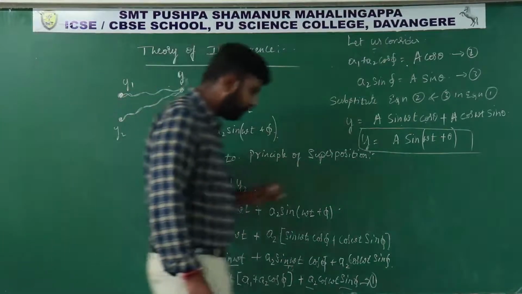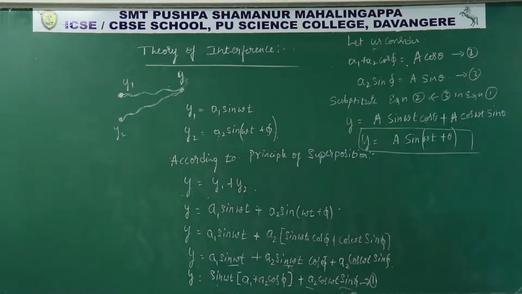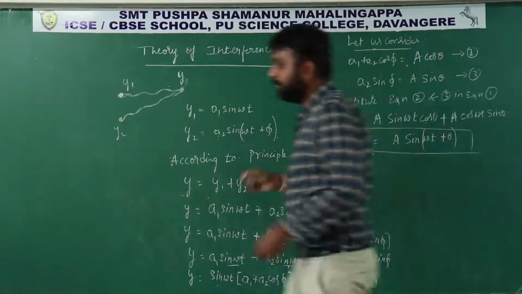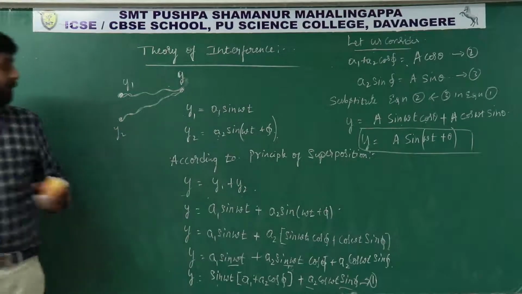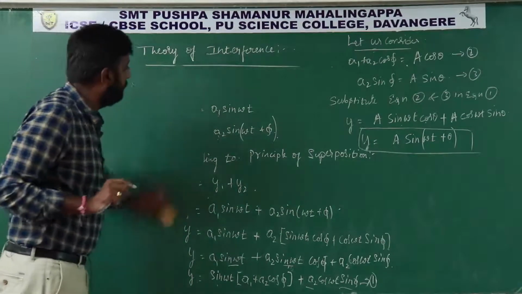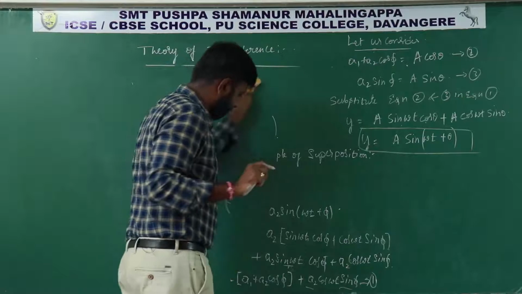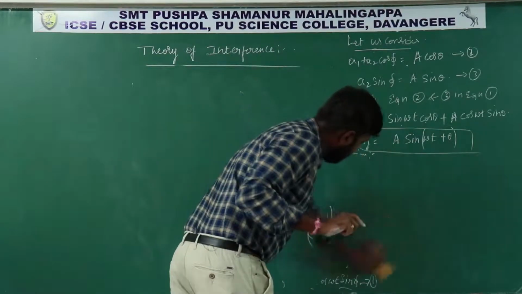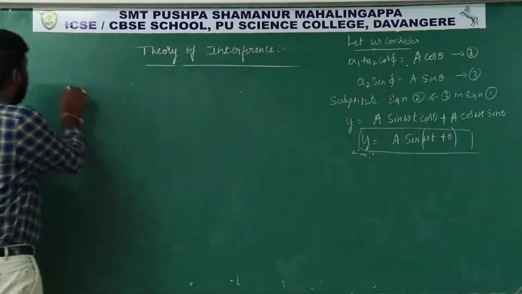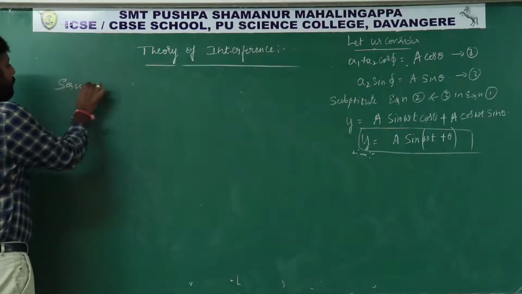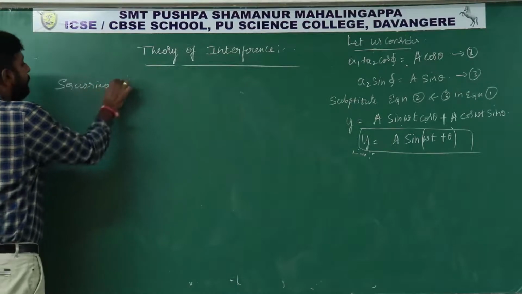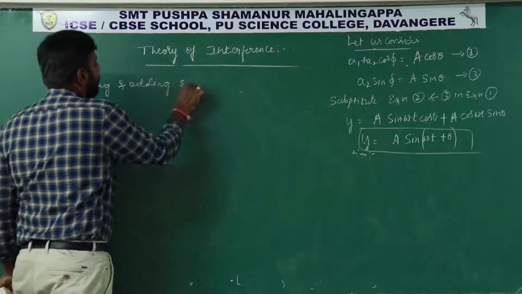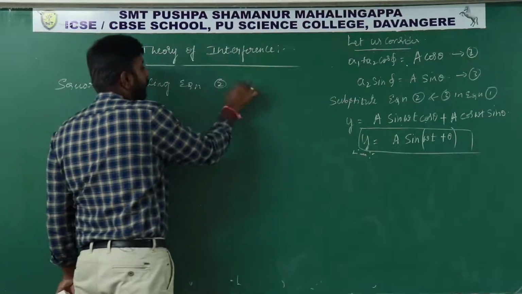Next, what you have to do is square and add equations 2 and 3.